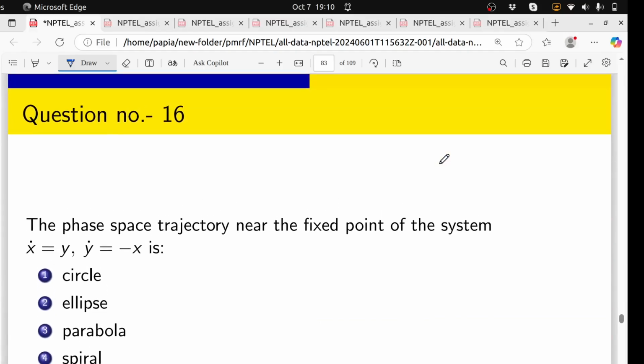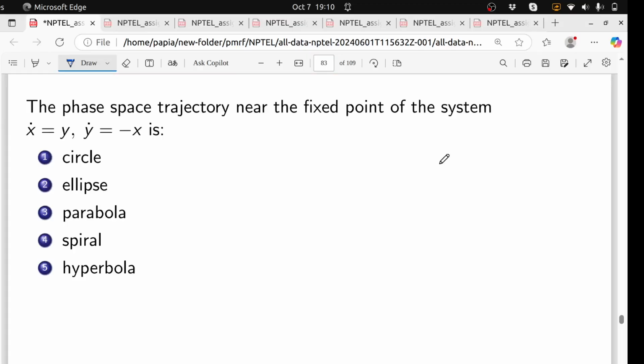Phase space trajectory near the fixed point of the system x dot equals to y, y dot equals to minus x is.